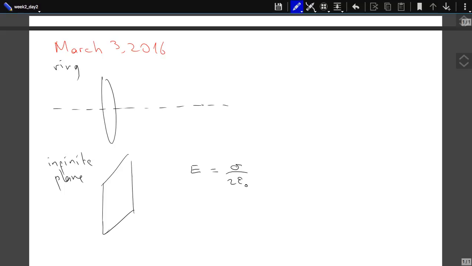This just doesn't happen if you bring charges together. Rather than electric field lines intersecting, what you do is take their superposition, and once you take their superposition, you have, at the end of the day, these non-intersecting lines.